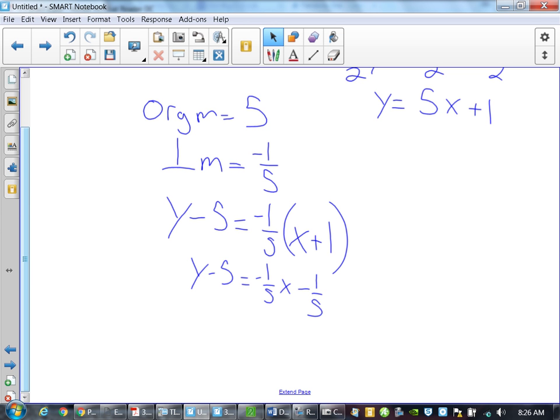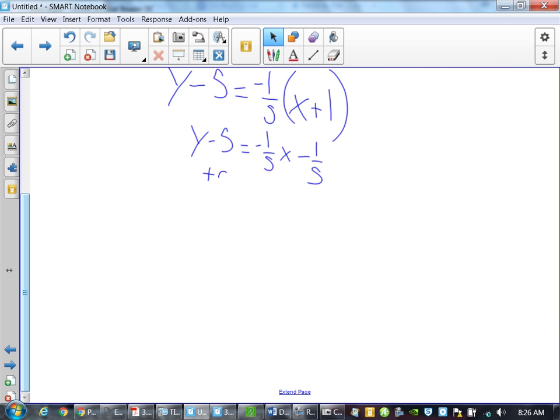Now, back to using the calculator. I have to add 5 to a -1/5. If I'm looking at just this via common denominator, what's the common denominator between 5 and 1? 5.